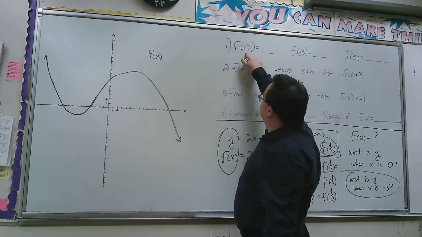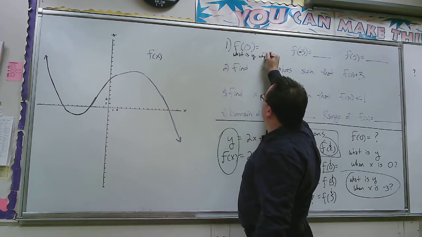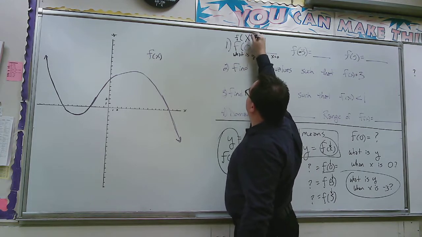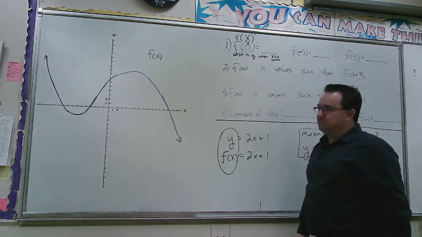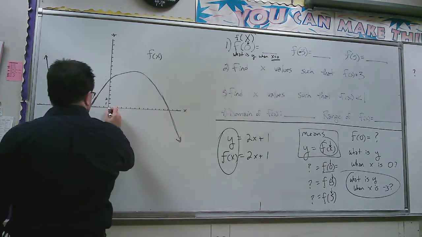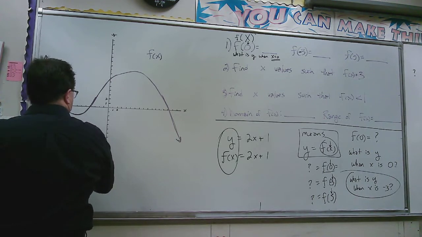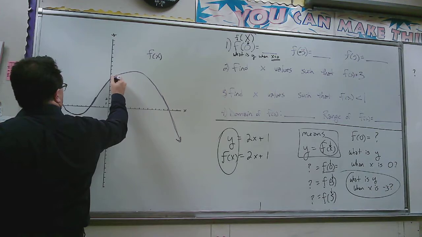What is y when x is 0? This is f of x. When x is 0, what is y? Well, when x is 0, if I go up to my curve, 1, 2, 3, 4, 5, 6, not quite 7.